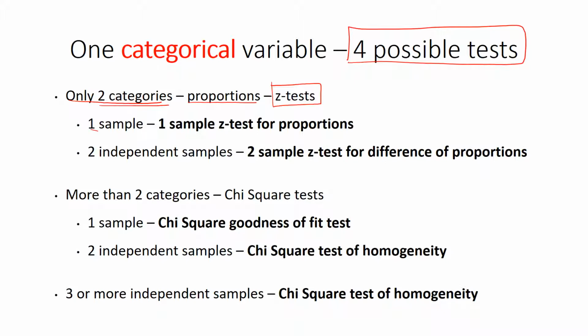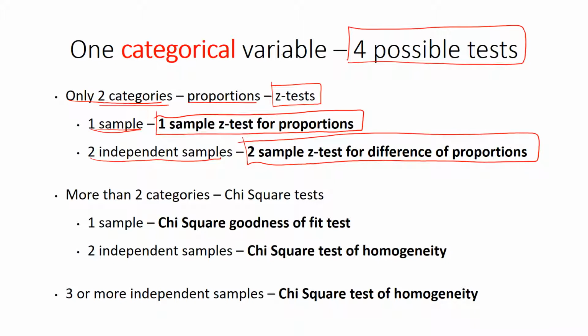If we have 1 sample, we will use a 1 sample z-test for proportions. If we have 2 independent samples, we will use a 2 sample z-test for the difference of proportions.